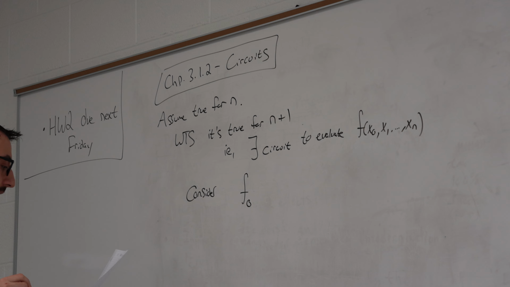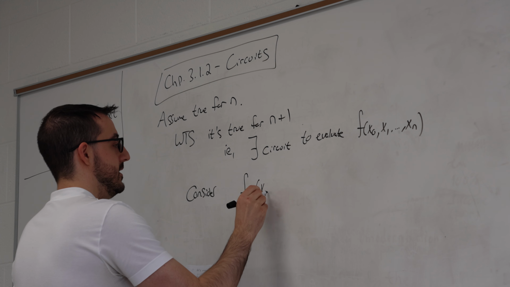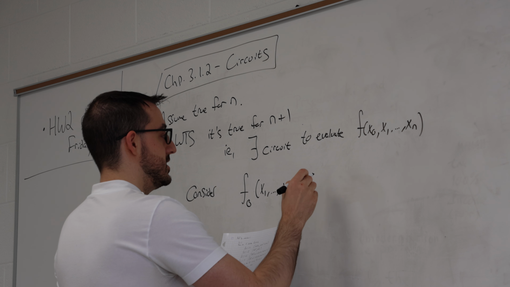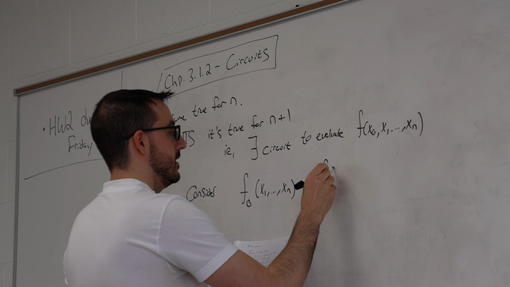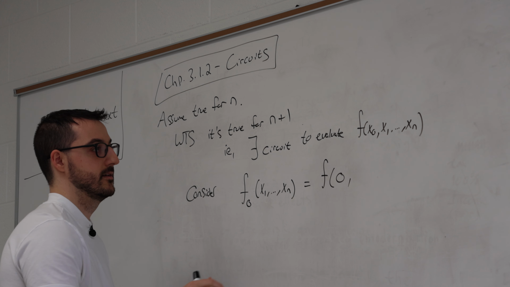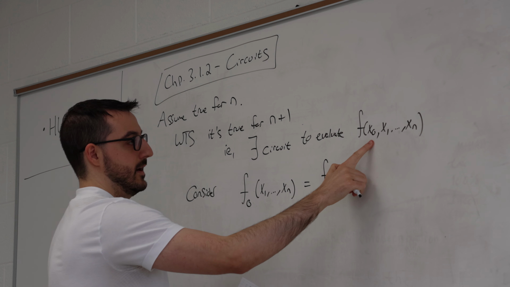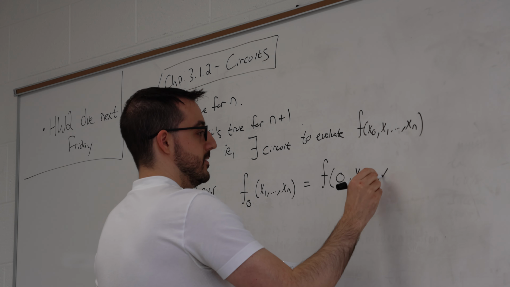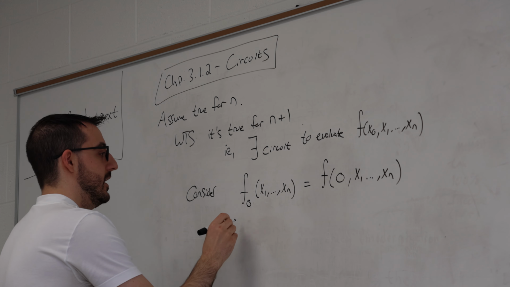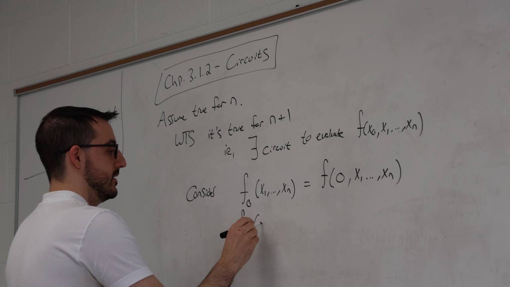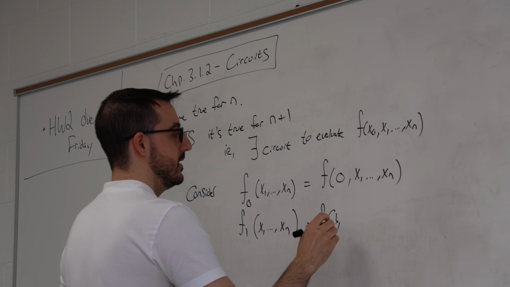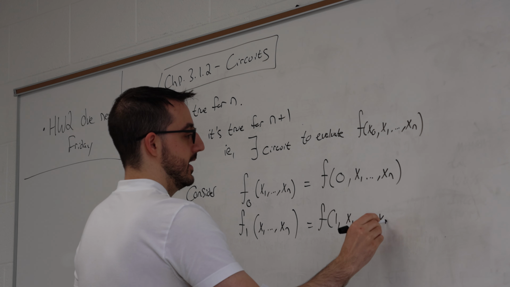I'm going to define f sub 0 as an n-bit function acting on x1 through xn to be this function f that we care about with the first bit set to be 0. So f0 means evaluate this function with x0 always being equal to 0, and then x1 through xn are whatever they are in the input. Now f1 will be similar, but I'm going to have the first bit of input always be 1 in this case. So f of 1, x1 through xn.